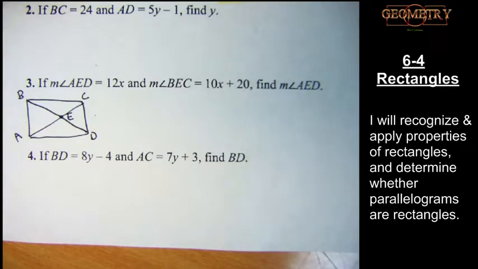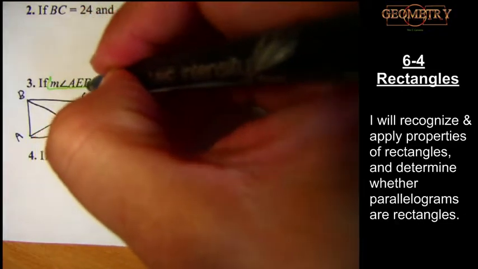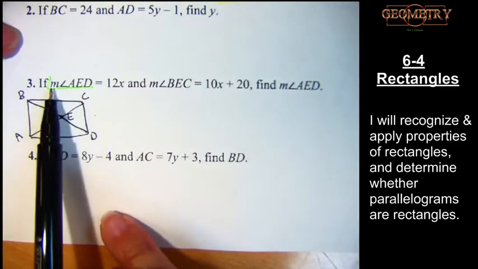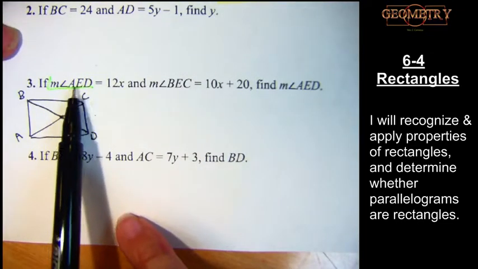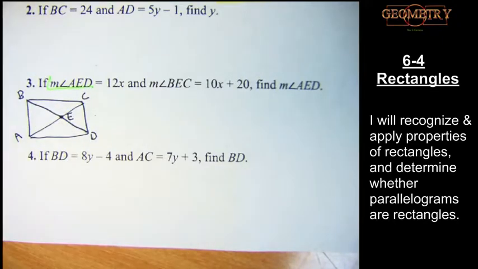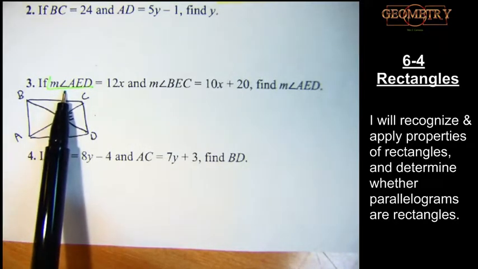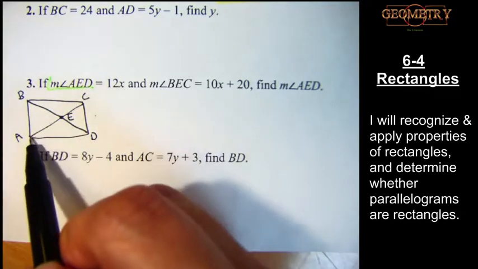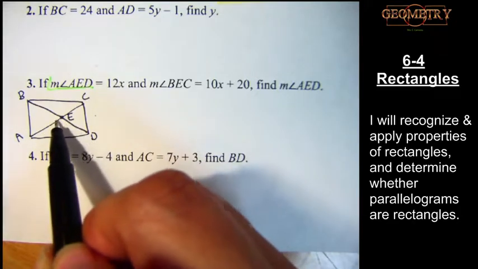All right, the next thing that I have, it says if. Now this right here reads measure of angle AED. So the M stands for the measure, that funny looking L that's like bending over, angle. So measure of angle AED. So AED right here.